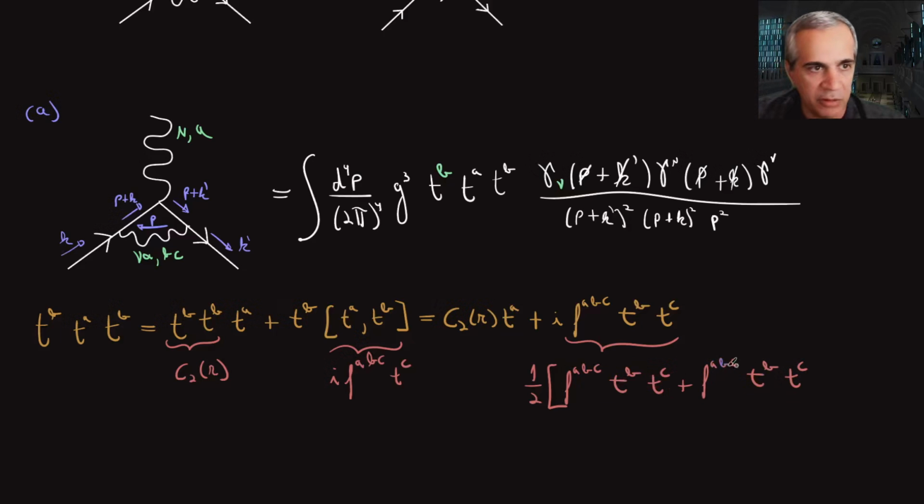But on the second one, I can exchange B for C. I get a minus here, right? But then I rename the indices, right?